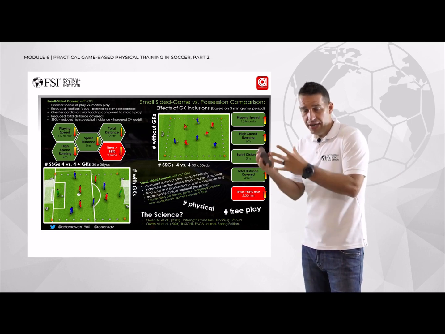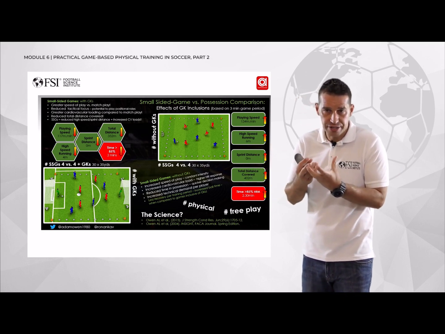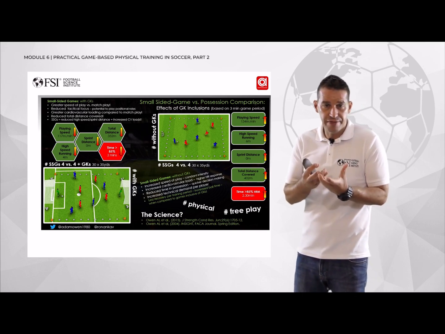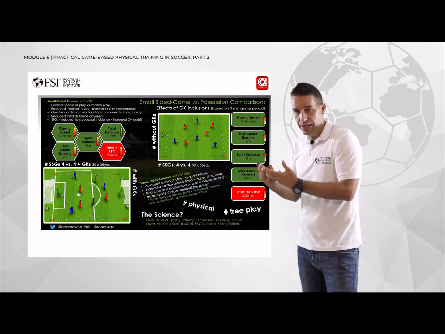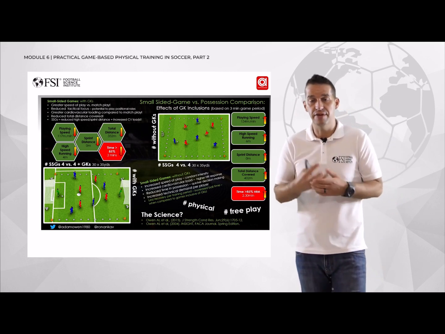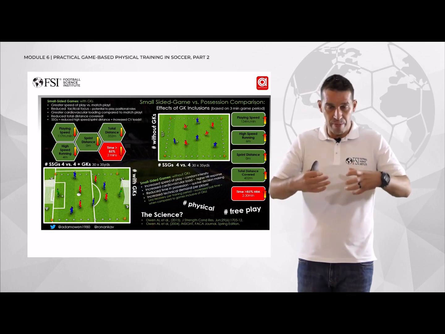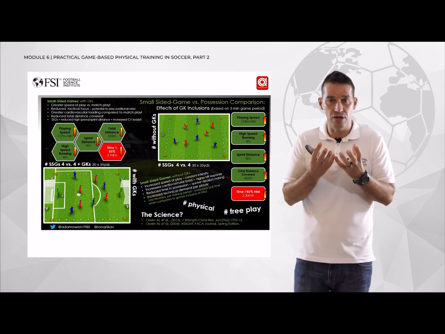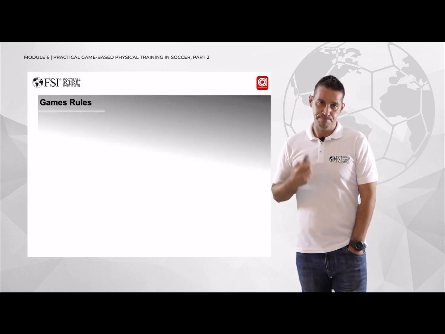However, a keep ball possession game drives the intensity significantly higher, as you can see here. So again, a 4v4 plus goalkeepers, the inclusion of goalkeepers versus possession games without goalkeepers, intensities are significantly different. Again, I want you to understand what decisions you make about how you develop your training content and how that will influence the demand on the players.